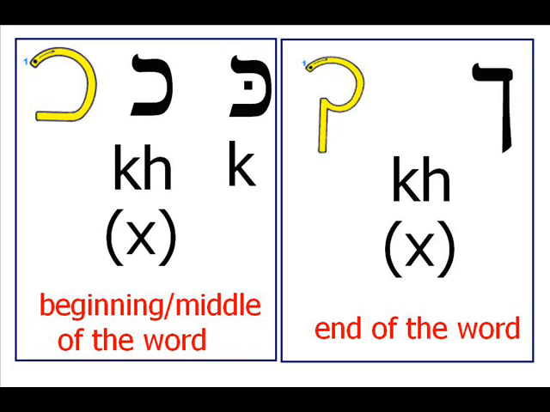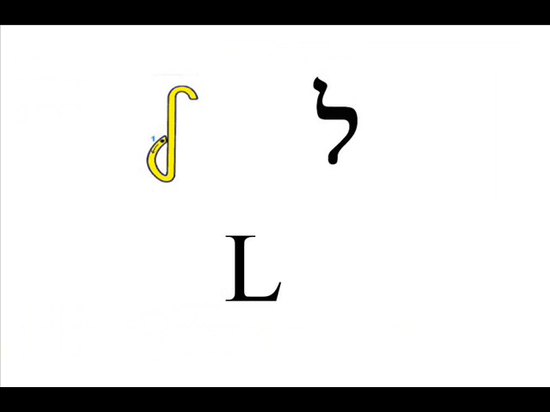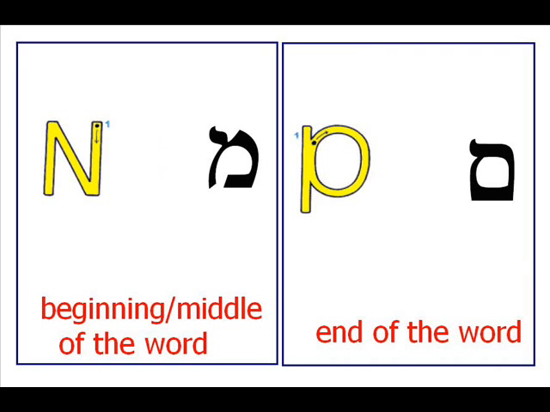Our 12th letter is lamed, and lamed is pronounced la, and it is a consonant letter. Our 13th letter is mem, and mem is pronounced as m in English, and it has two ways of being written.